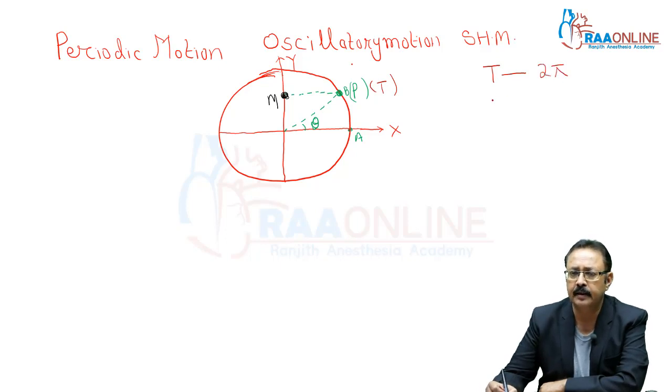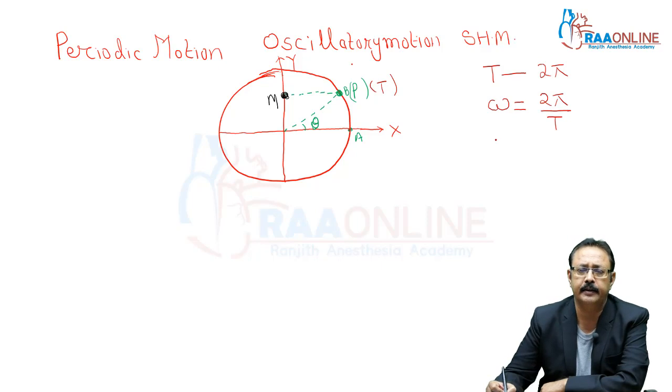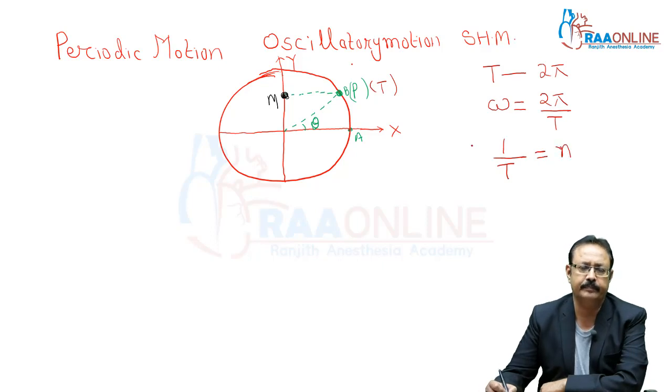So its angular speed, the angle moved in 1 second, is 2 pi by T. Its frequency, number of cycles in 1 second: in T seconds 1 cycle, so in 1 second it will complete 1 upon T cycles. So its frequency, if I denote it by n, is 1 upon T.